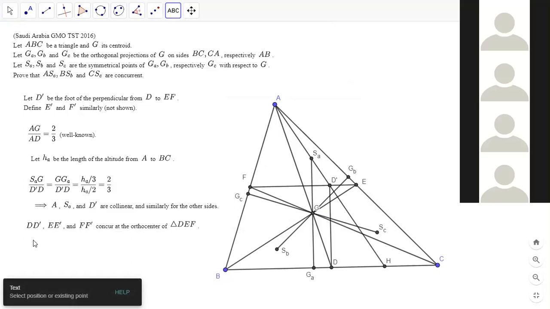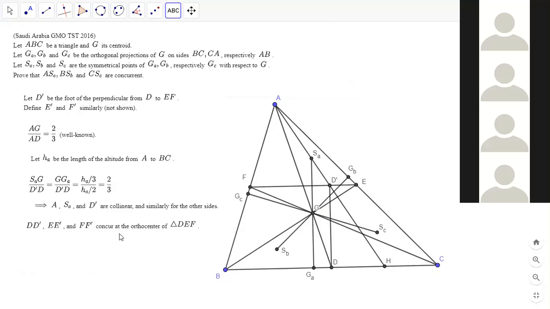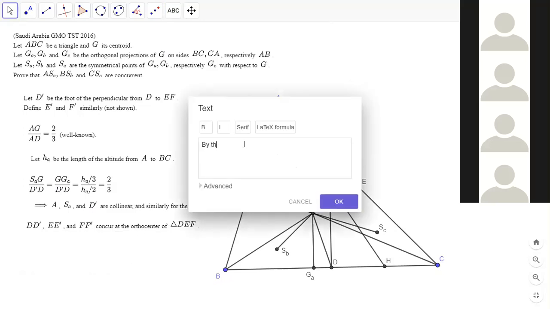By Ceva's nest theorem, AD prime, BE prime, and CF prime concur.